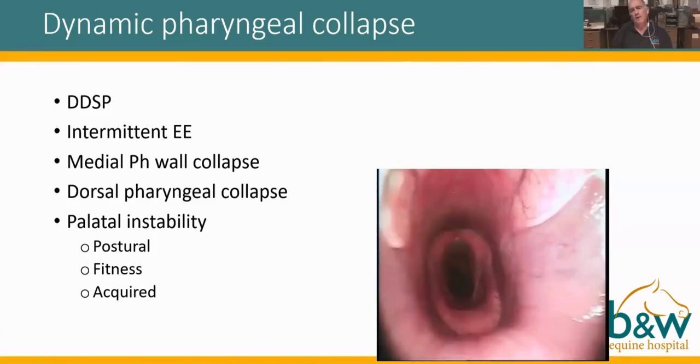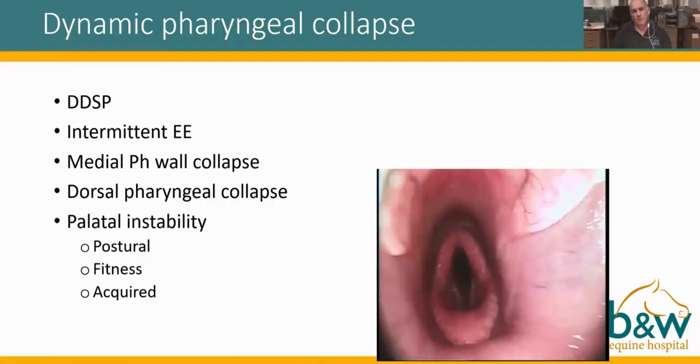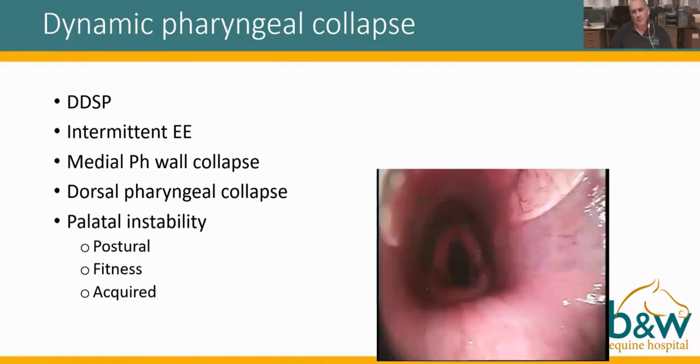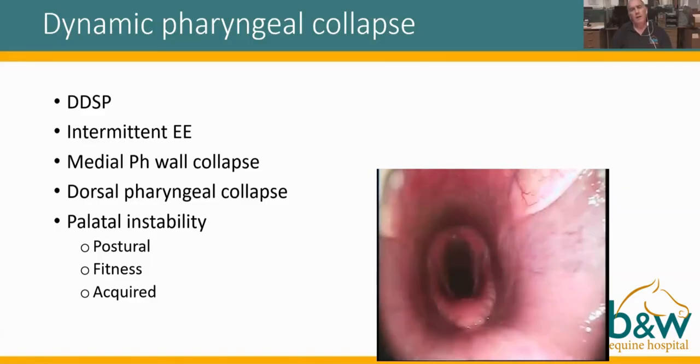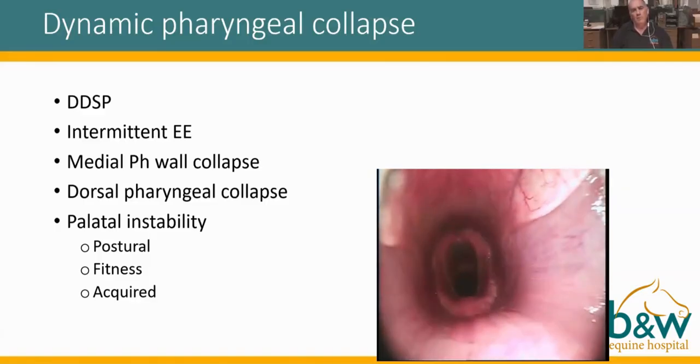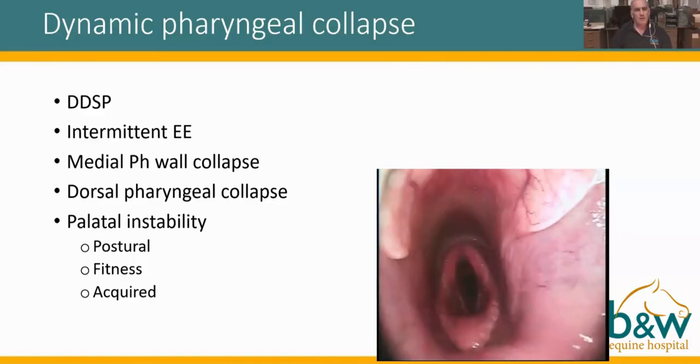So pharyngeal palate instability is quite a common sign, and we know that it is significant. It's quite subjective to interpret, and deciding whether something is normal movement or pharyngeal instability can be difficult, but it is certainly notable.